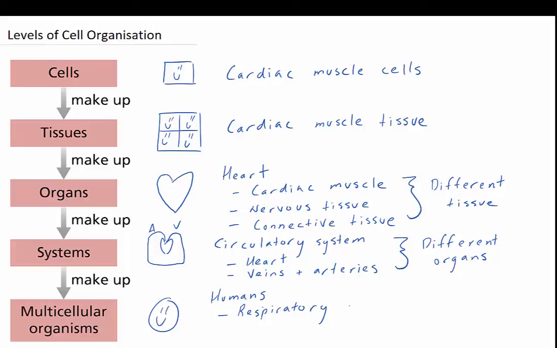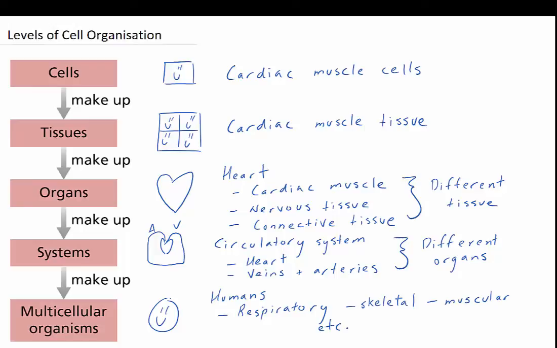Of course, we also have a skeletal system, which provides structure and support to our body. Now, the skeletal system wouldn't be any good unless, of course, you had a muscular system. And there's many more of these systems within humans and other multicellular organisms.